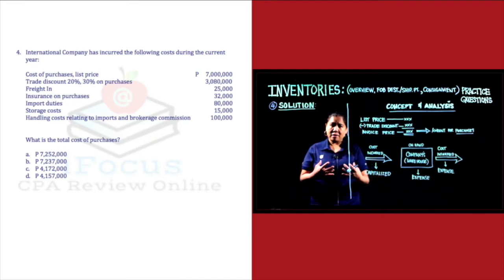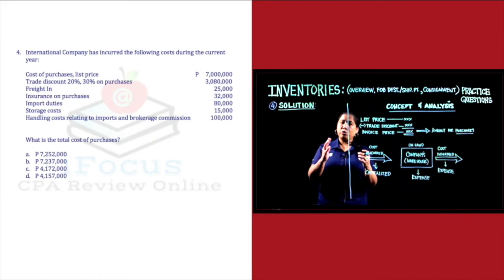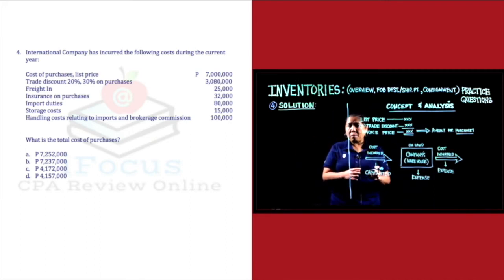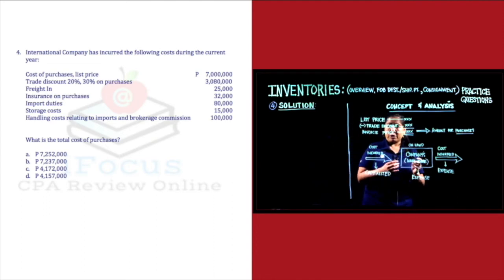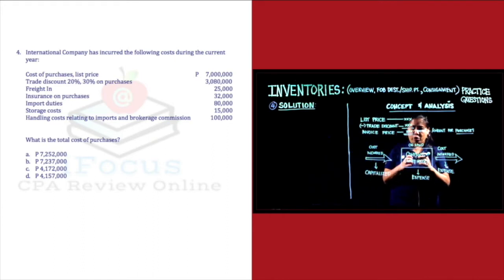Mga taxes para ma-import itong goods na ito, yun ay kasama pa rin sa cost of the goods. We capitalize those costs incurred para makarating ito sa warehouse ng company. Kapag nasa warehouse naman na ang goods na yon, nasa kamay na ng company ang mga goods na yon, any cost incurred ay expense na po yon. And anything na cost na mai-incur ng company for selling these goods ay magiging expense din ng company.